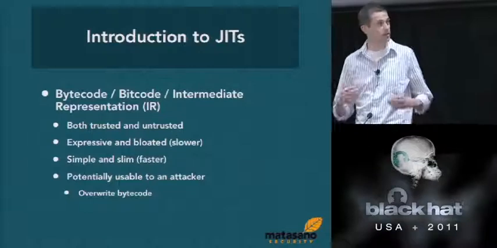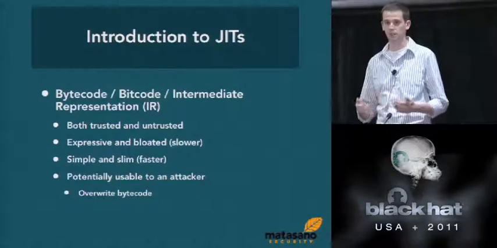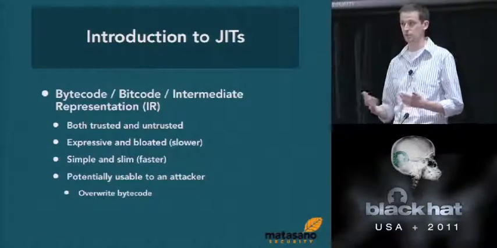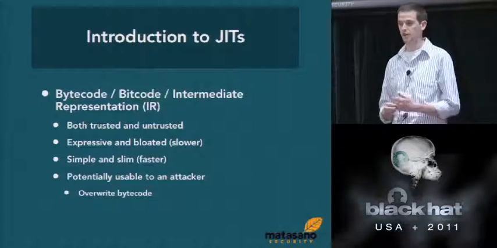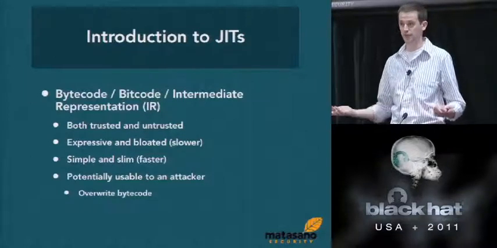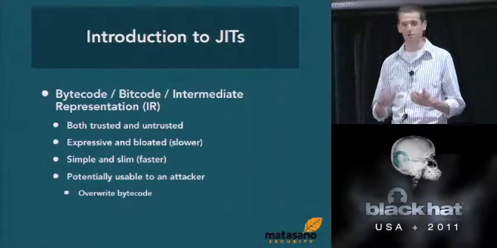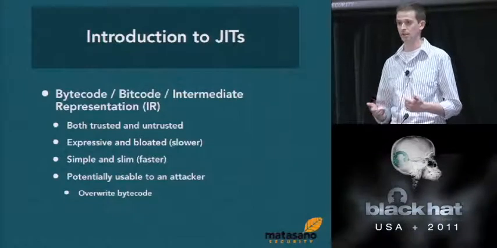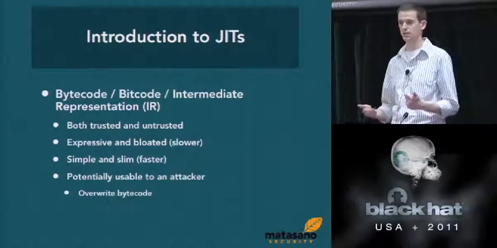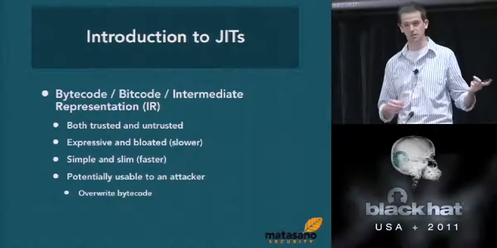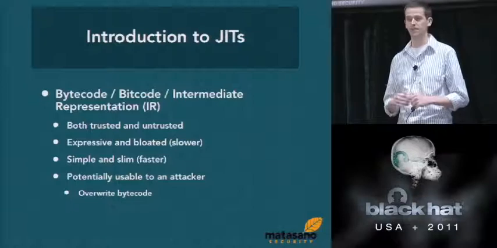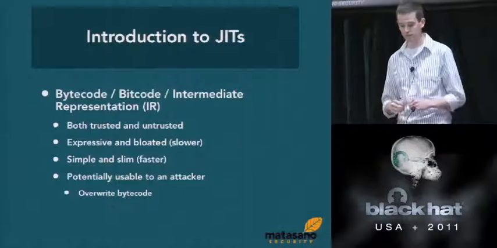The bytecode can either be really expressive and bloated and kind of slow, as in the case of SpiderMonkey, which was written at a time when putting a JIT engine in a browser really wasn't on anybody's mind. Or the bytecode can be really simple instructions that are closer to machine-level instructions and don't have as much type information. We also see this in another bytecode format found within Firefox that we'll go into in a few minutes.